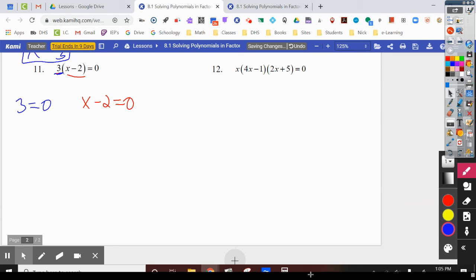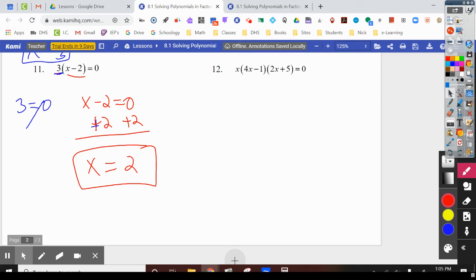Oh, wait a second, 3 equals 0. I can't solve for that. That's not true, so there's nothing I can do with that. And then my other equation to solve is x minus 2 is equal to 0. I can definitely solve that one by adding 2, and you get x is equal to positive 2. So in this problem, I only have one solution. And again, if you notice, I only have one x, so I should only get one solution.